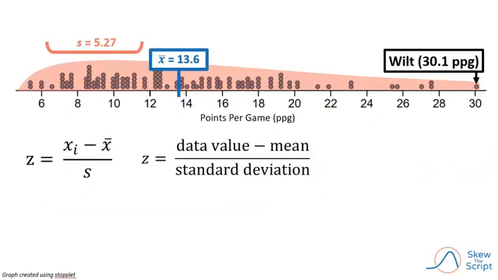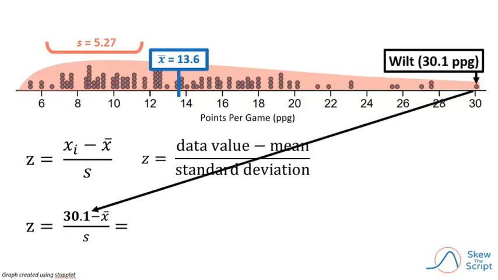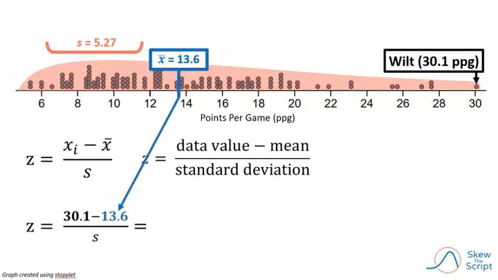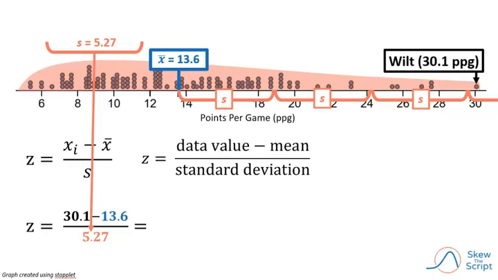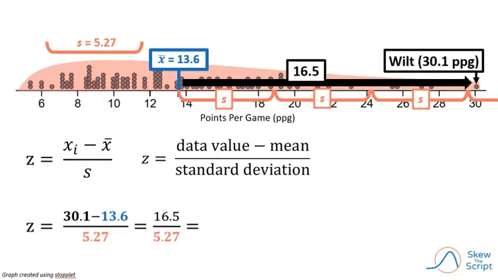So for Wilt, he is 30.1 points per game in a league where the average scoring that season was 13.6 points per game with a standard deviation of 5.27 points per game. Simplifying that gives us a whopping 3.13 standard deviations above the mean.